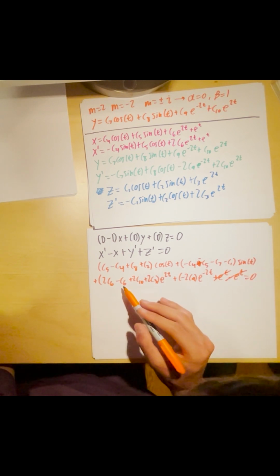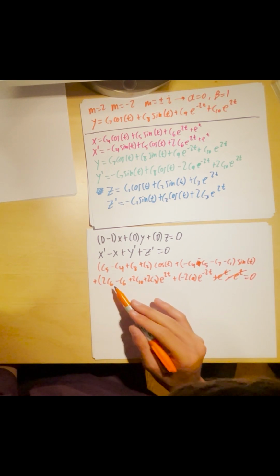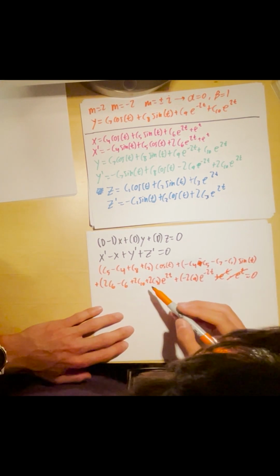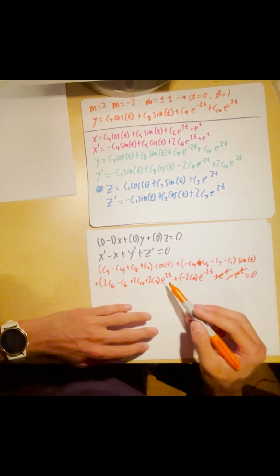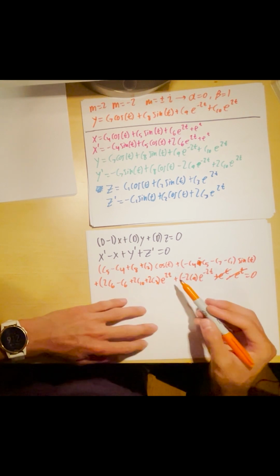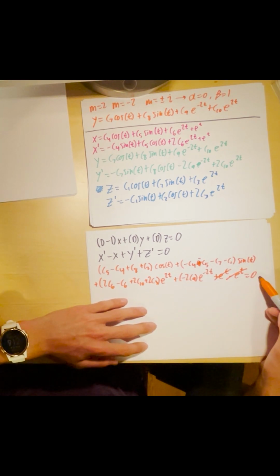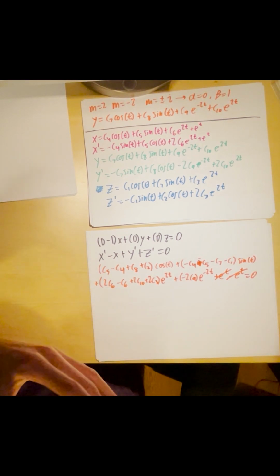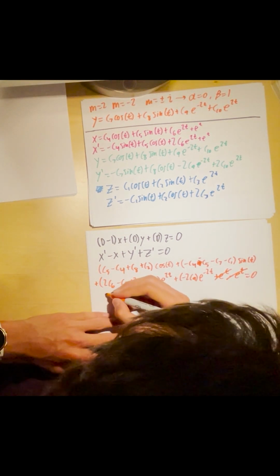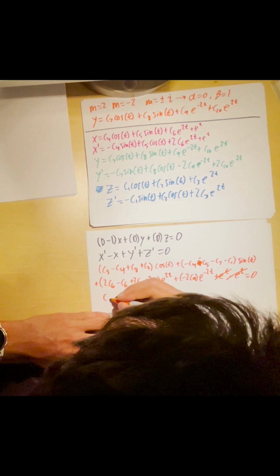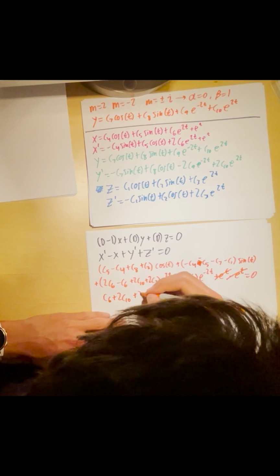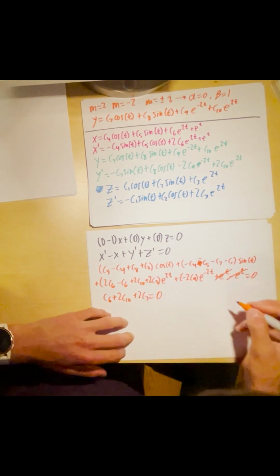However, this will get us 2c6 minus c6, that's c6, plus 2c10 plus 2c3, and this is in front of e to the t. Notice there's no e to the t term on this side, which means the coefficient of the e to the t term, it's invisible, it has a 0 in front of it. I'm going to rewrite this like this, c6 plus 2c10 plus 2c3 equals 0.